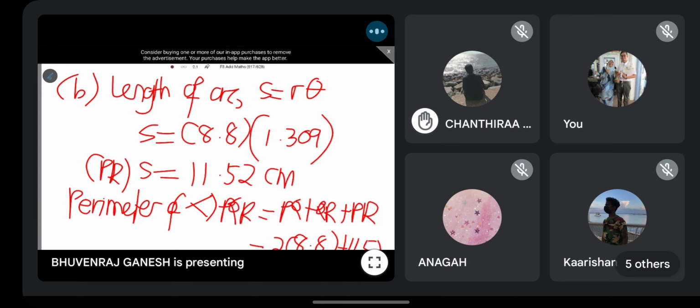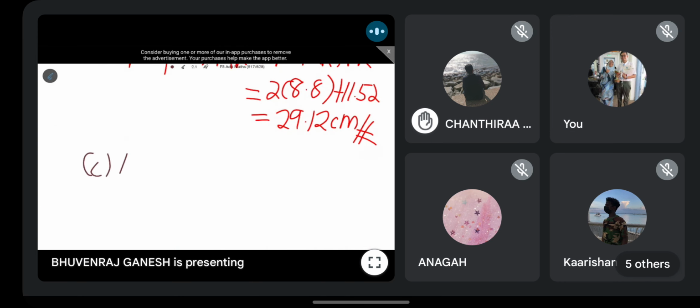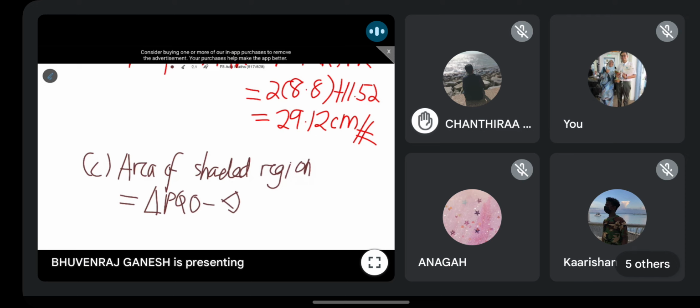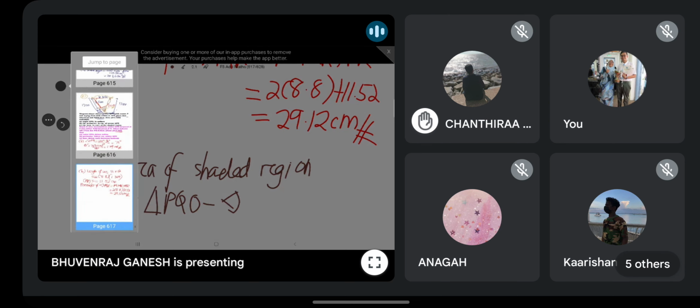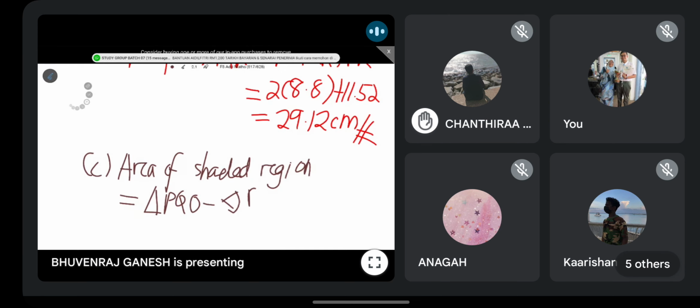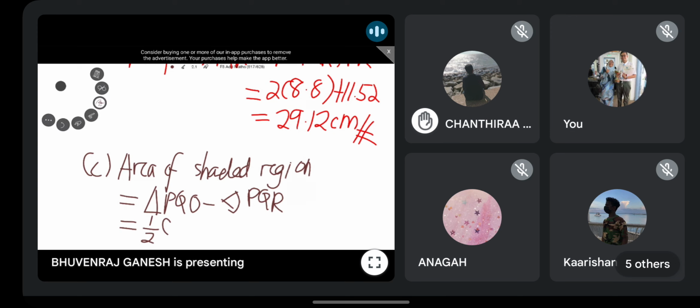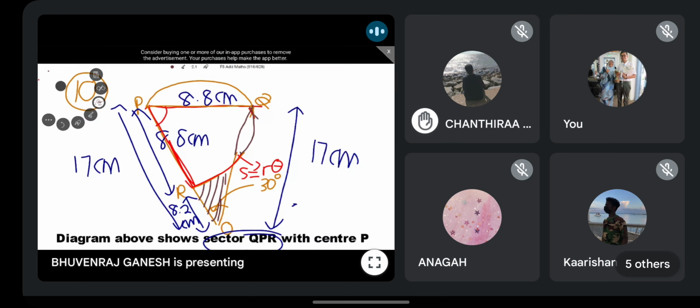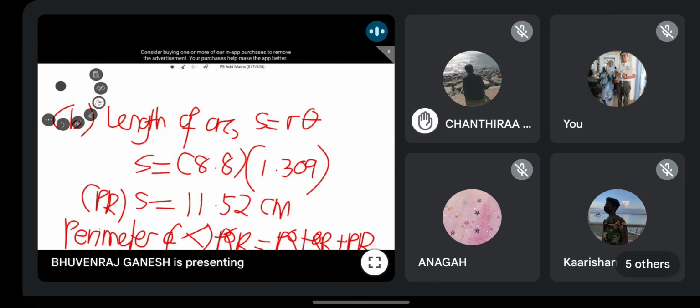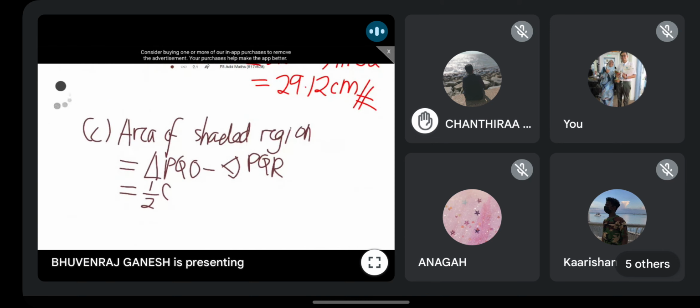For part C, area of the shaded region, you take triangle POQ minus sector PQR. For the triangle, use half ab sin C. Looking at the diagram, A is 17 cm, so substitute 17, and the other side is also 17.